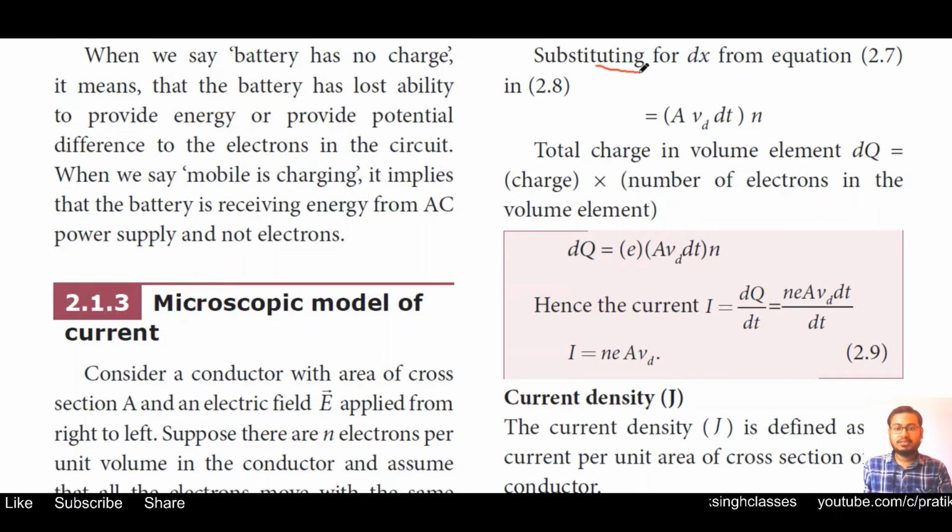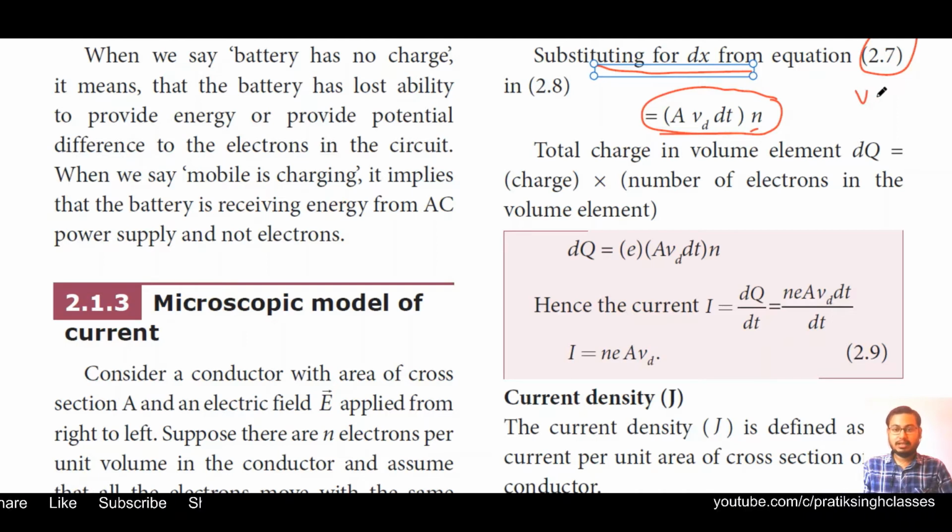Now substituting the value of dx from equation 2.7 in equation 2.8, we get A into V dt into n, that is, the total number of charges between region first and region second. As earlier we have seen, it is equal to the volume between region A and B into the total number of charges per unit volume.